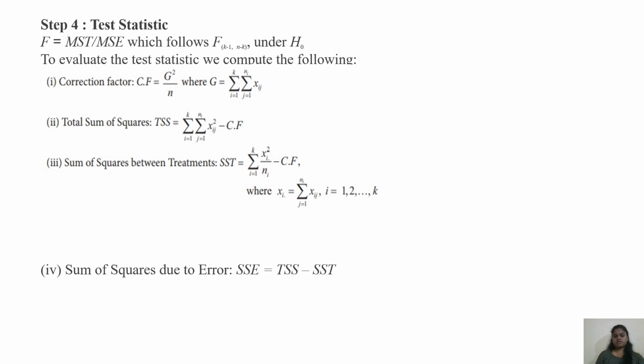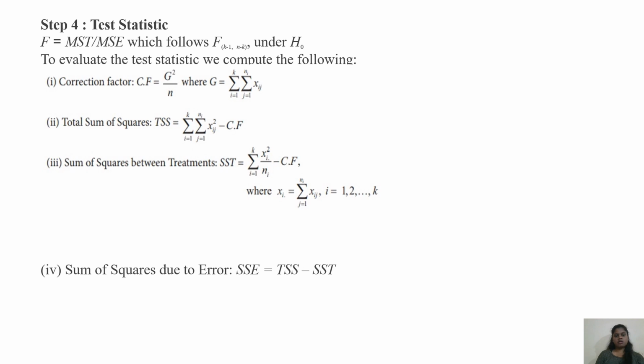So what is MST? To calculate MST, first we need to find CF, that is the correction factor. The correction factor of an ANOVA table is the sum total of all the elements, whole square, divided by the number of elements.